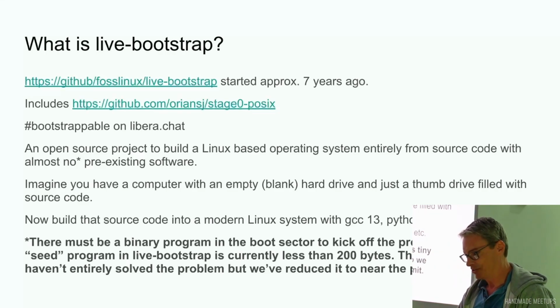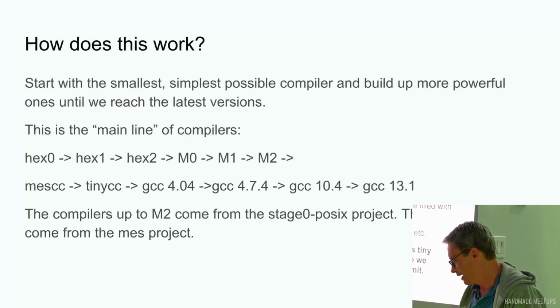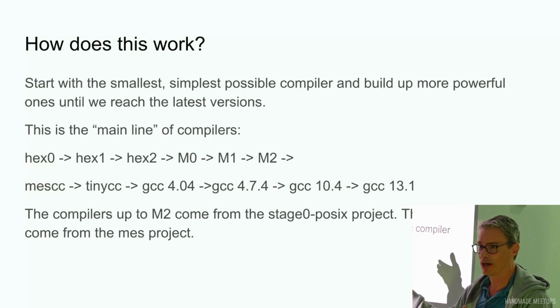So most of that sector is actually just empty, and it starts off with a tiny little bootloader and a hex compiler. So all it does is convert hexadecimal ASCII into binary, and then progressively builds up bigger and more powerful compilers.